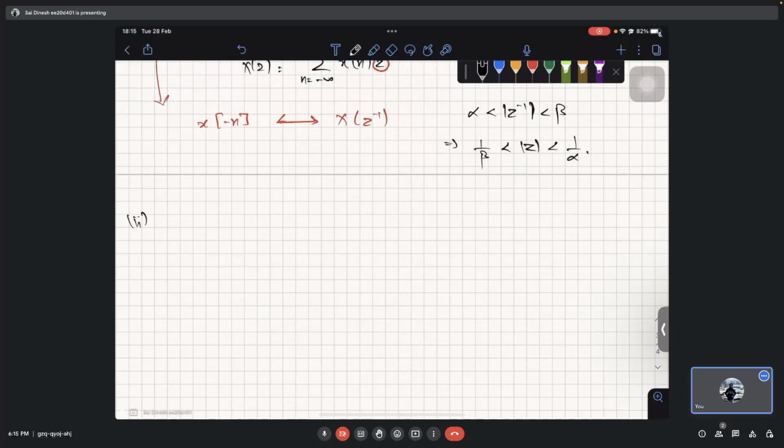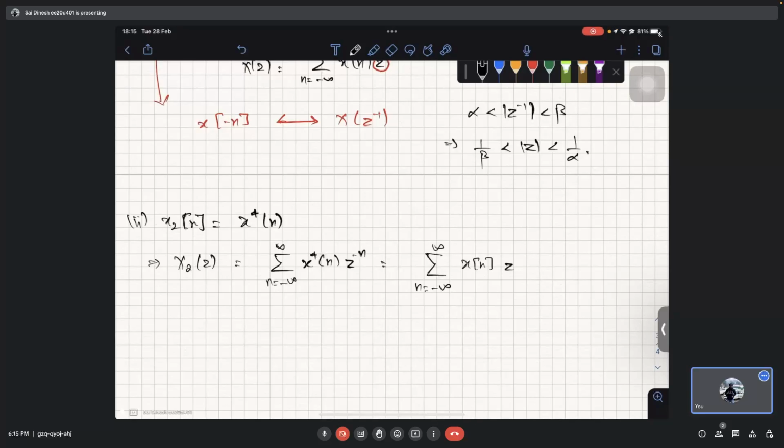So let's take x2(n) equal to x*(n), which implies x2(z) is the sum over all n equal to minus infinity to infinity of x*(n) z^(-n), which is equal to, bring out the conjugation here, the sum of x(n) (z*)^(-n) whole star.